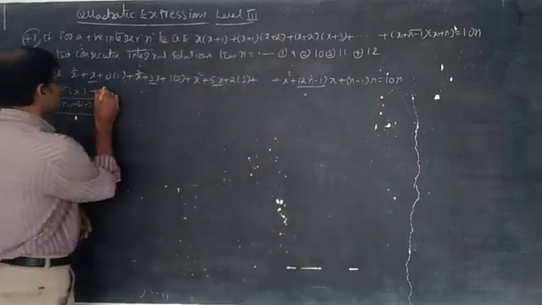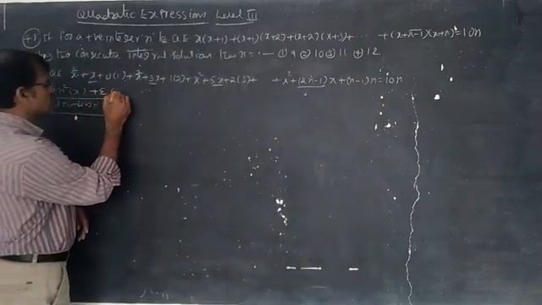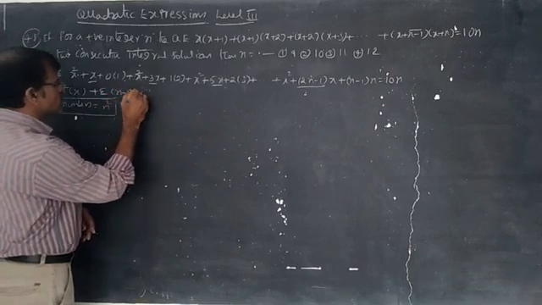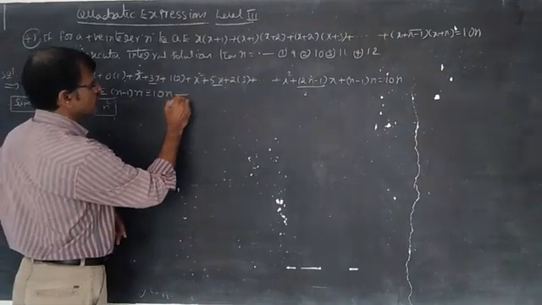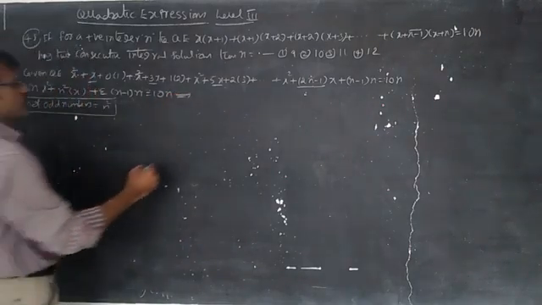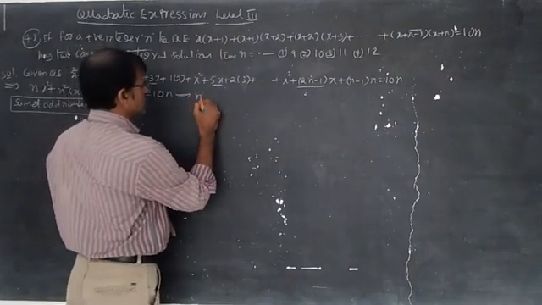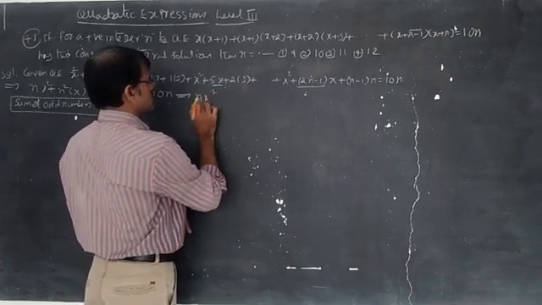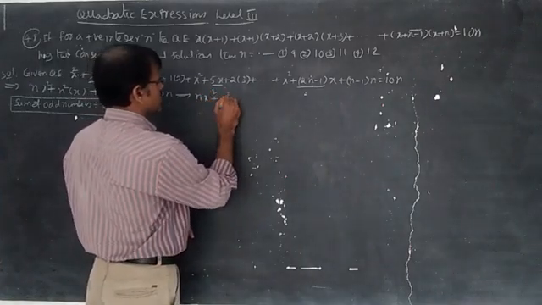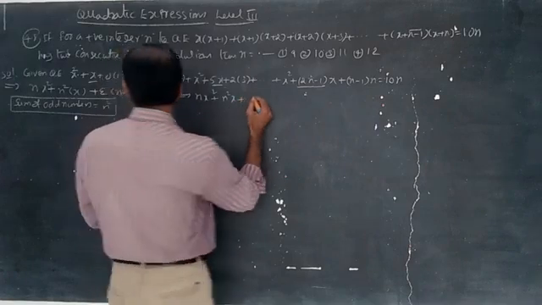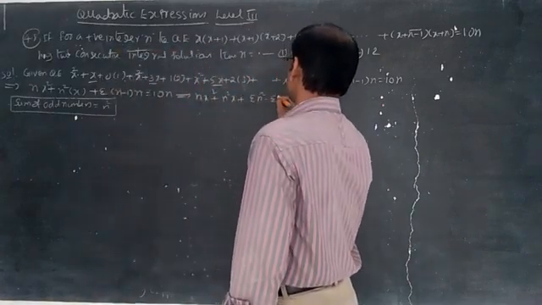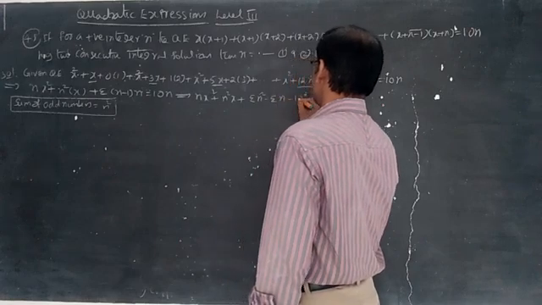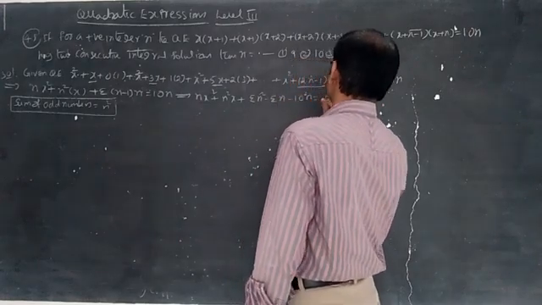You can understand this as sigma, the summation of (n minus 1) into n, equal to 10n. That implies n x square plus n square x plus sigma n square minus sigma n minus 10n is equal to 0.